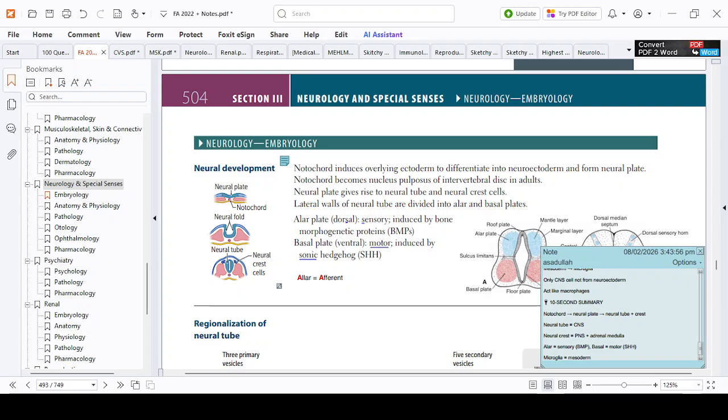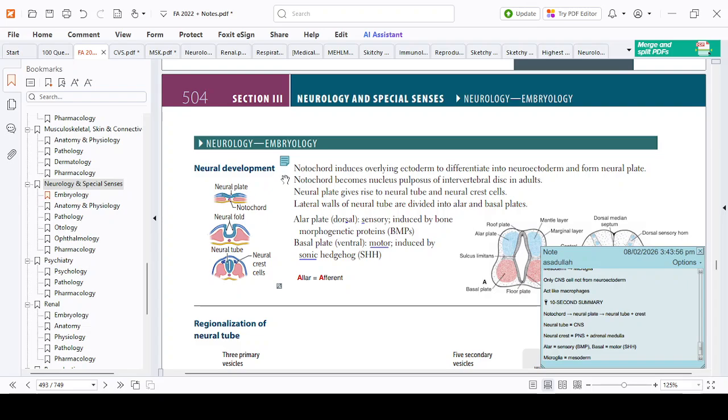All right, let's talk about the neurology, and the first topic is neural development. In neural development, first of all we have the notochord. The notochord arises from the mesoderm, and it tells the ectoderm to become neuroectoderm and form a neural plate.